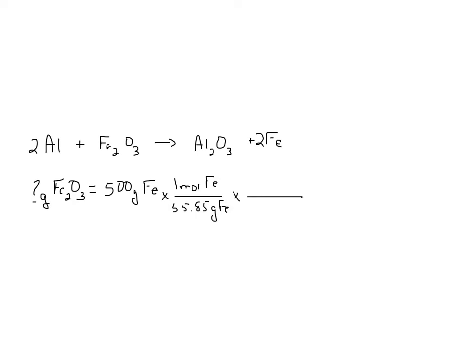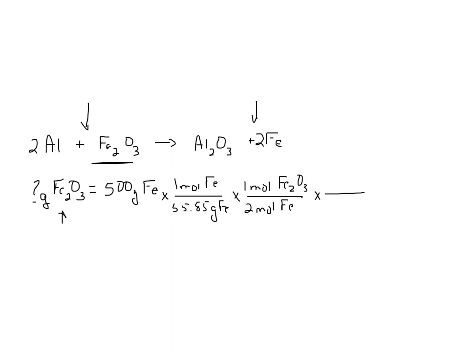And now we do mole ratios, so we're trying to convert from moles of iron to moles of what we're trying to find, Fe2O3. So we're looking at the coefficients, making the one we're trying to find go on top: 1 mole Fe2O3, 2 moles Fe.